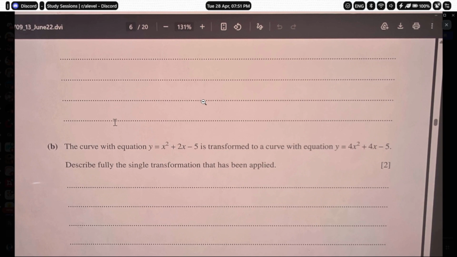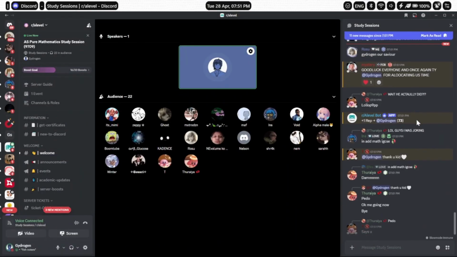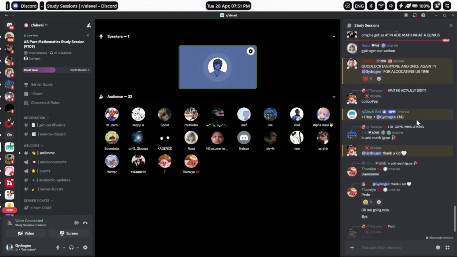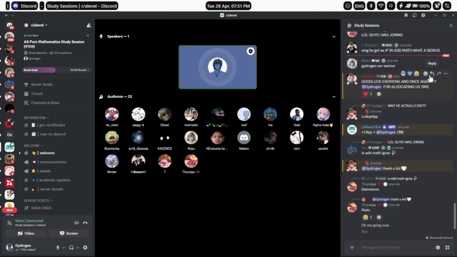It's clearly f of 2x, right? You're inputting f of 2x, and then, for example, you do 2x the whole square, that would give you 4x squared, and then if you do 2 times 2x, that would give you 4x. So you're just doing f of 2x, which means you're stretching along the x-axis by a scale factor of 1 by 2.